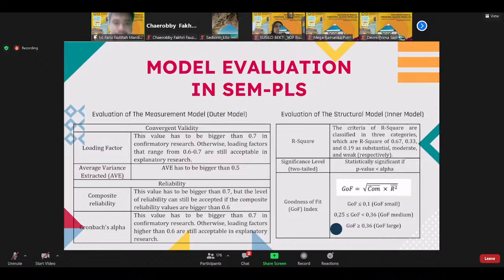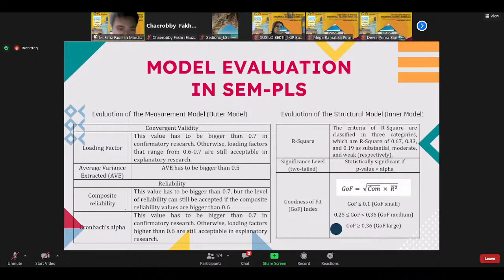Otherwise, loading factors that range from 0.6 to 0.7 are still acceptable in explanatory research. And or you can use average variance extracted, or AVE. AVE has to be bigger than 0.5.